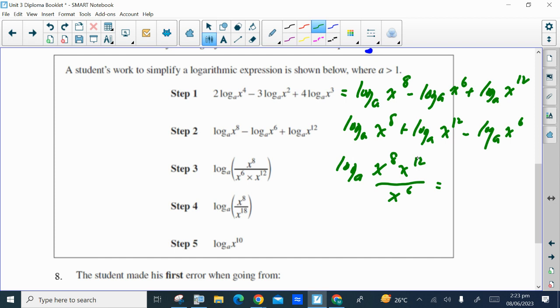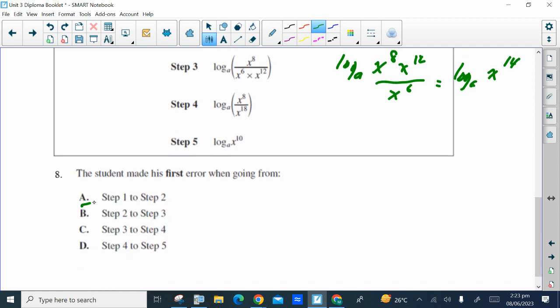You add the exponents together on top, so it's going to be x to the 20 over x to the 6th, and at that point you will subtract the exponents. 20 minus 6 is 14. So if we check the work as we go through here, the second step is correct, but the third step is where the error was made. So from step 2 to step 3.